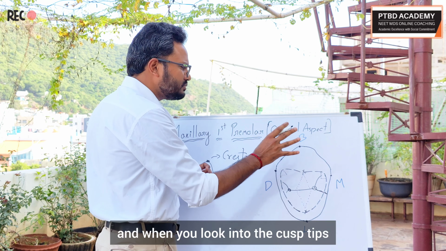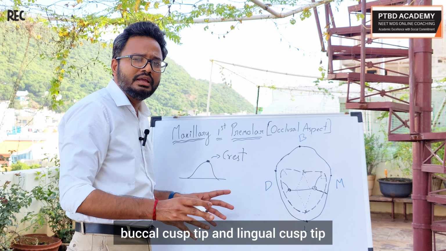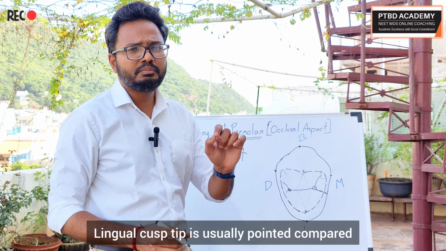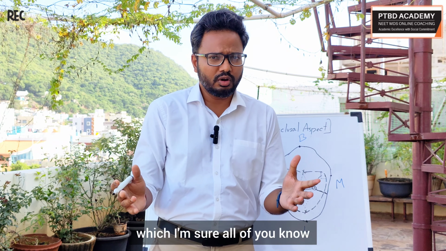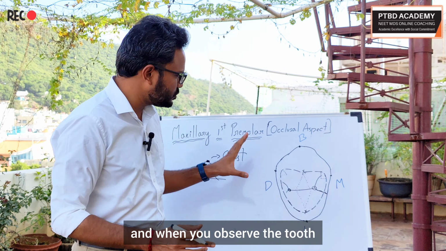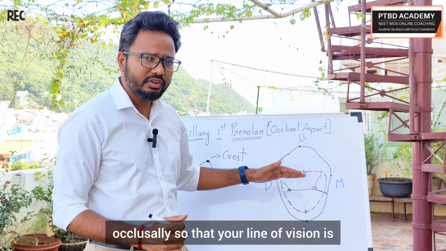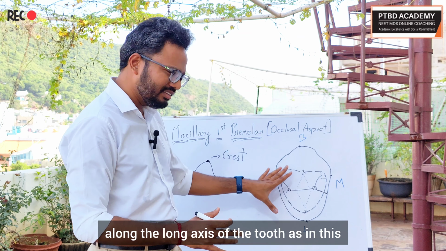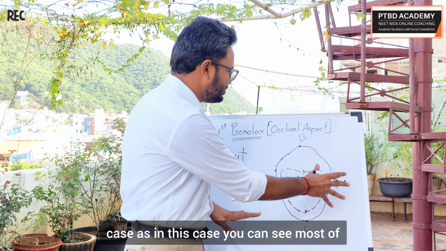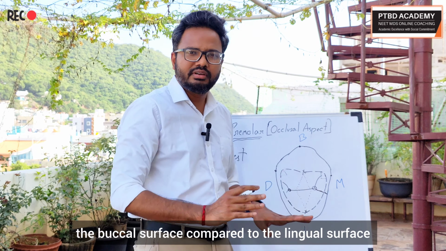And when you look into the cusp tips, buccal cusp tip and lingual cusp tip, the lingual cusp tip is usually pointed compared to the buccal cusp tip, which I'm sure all of you know. And when you observe the tooth occlusally, so that your line of vision is along the long axis of the tooth, as in this case, you can see most of the buccal surface compared to the lingual surface.